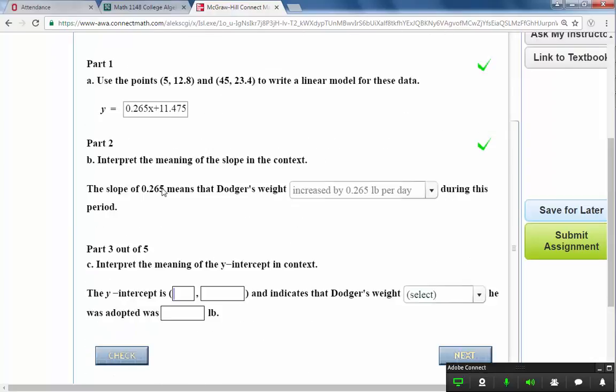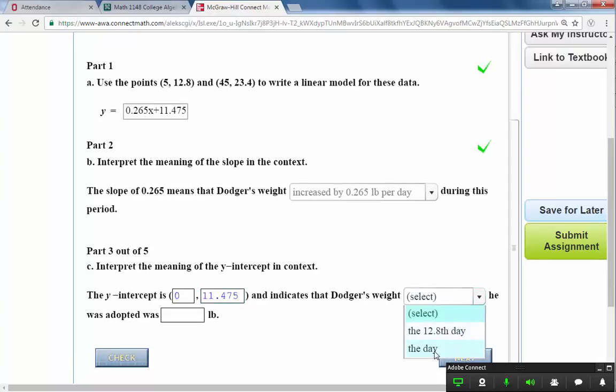How can I find it 100% sure? It's B, here, the y-intercept. You found it. That's the first initial weight of the puppy, at day 0. 11.475 is the weight the day you adopted it.